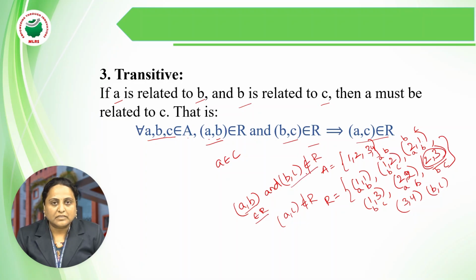There is no (B,C) that belongs to the relation and you need not check for (A,C). So this also follows the transitive property. So these are the three properties you need to follow to tell that a particular relation is an equivalence relation. First, it should follow the reflexive property, next the symmetric property and next the transitive property.